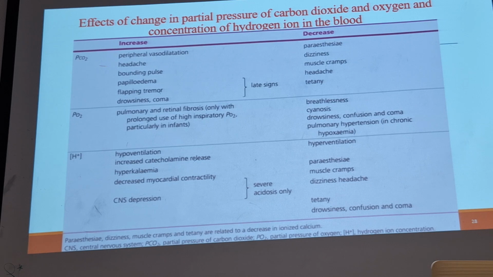The pH between vein and artery is not very different. It's less than 0.1 different between vein and artery. CO2 also is not so different, less than 20%. But for oxygen, more than 60%, we have differences between artery and vein.